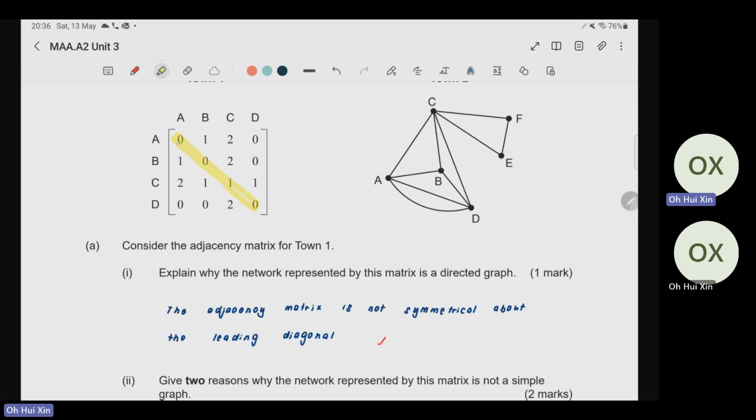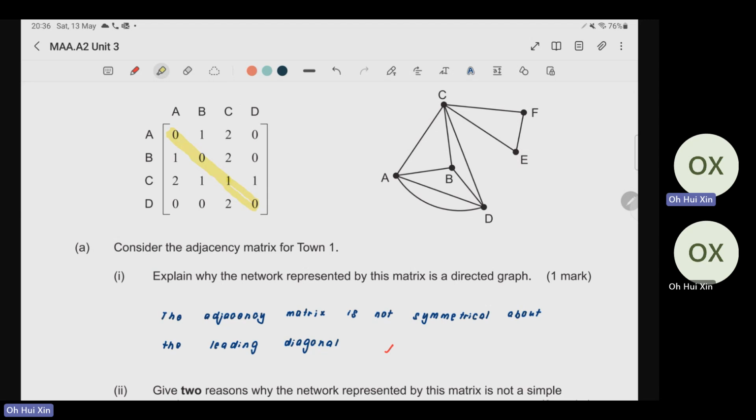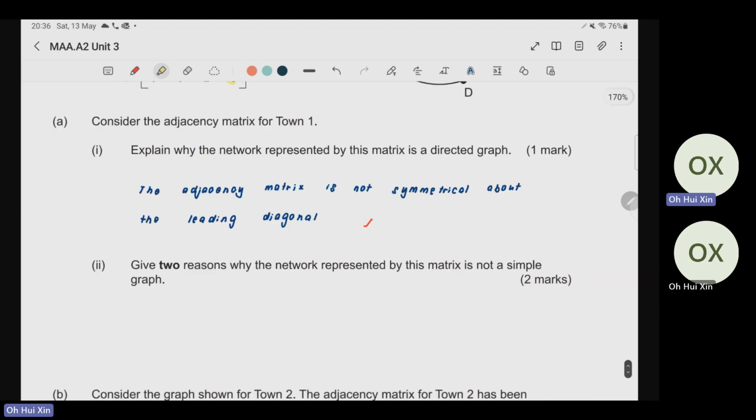The leading diagonal gives you the way that you can travel from A to A, from B to B, from C to C, from D to D. So if the leading diagonal is all 0, it means that there's no loop. Now you can see that this number here is 1, which means that there is one way that you can move from C to C. So in this case, you know that it is not a simple graph.